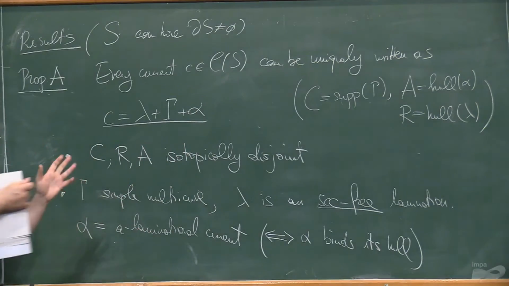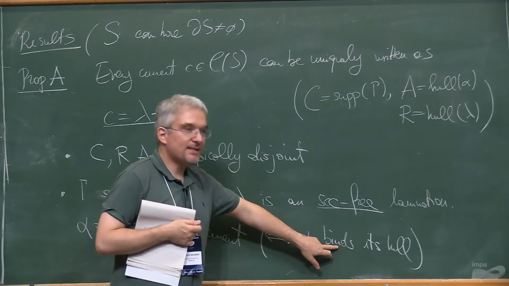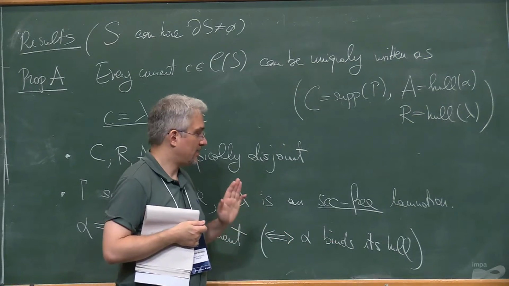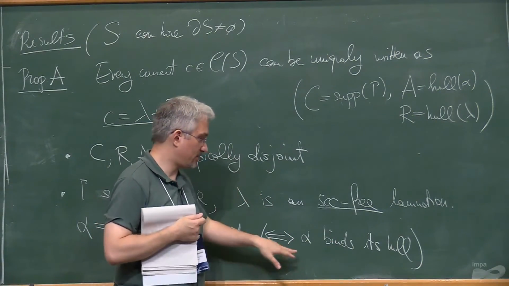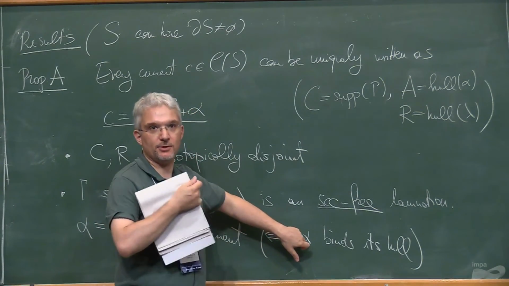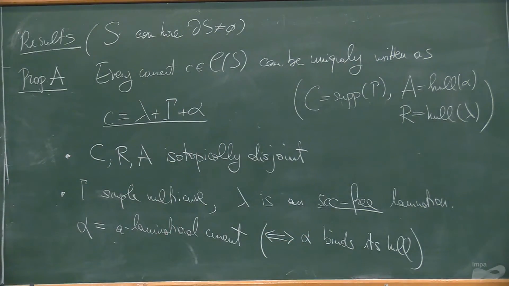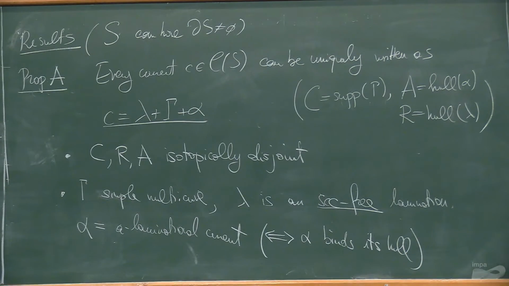So it fills in a stronger sense. This is different. So if you have, say, a maximal lamination in a surface, this is not binding, because the maximal lamination does not intersect itself. So this is not binding in this stronger sense. So binds really means meets every geodesic, not only closed geodesics, every geodesic which is non-peripheral. And actually, okay, so this is a kind of technical tool that we use. It's not difficult.